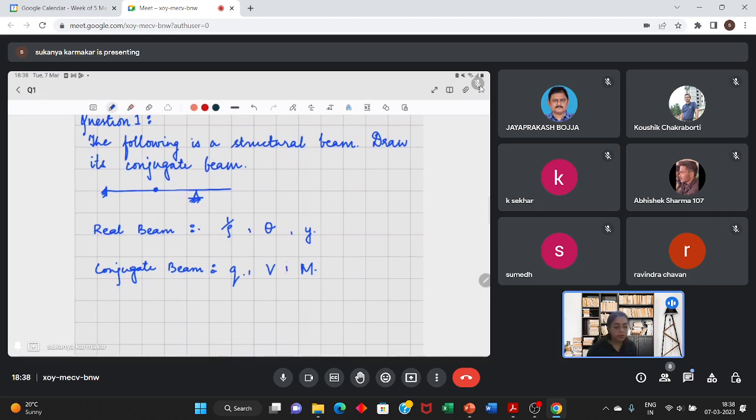So let's think in terms of a free end. Suppose in real beam it is a free end. So at the free end there should be slope and there should be deflection. So it can't be a free end in the conjugate beam. It should be a fixed end, because then only the shear and moment will appear. That is why.